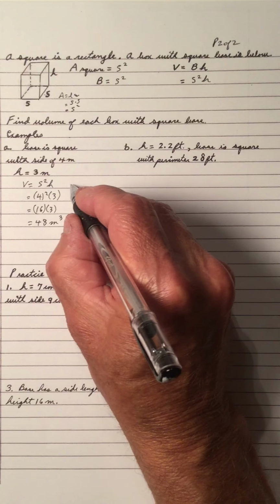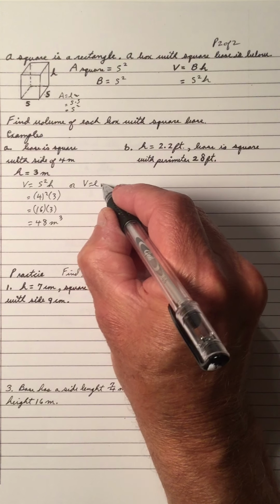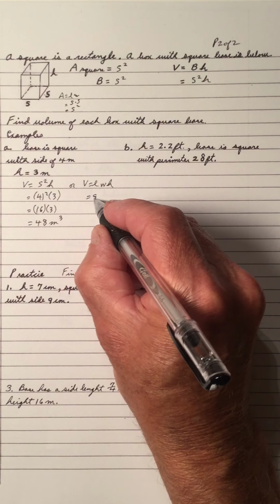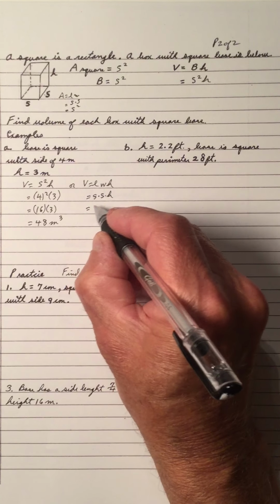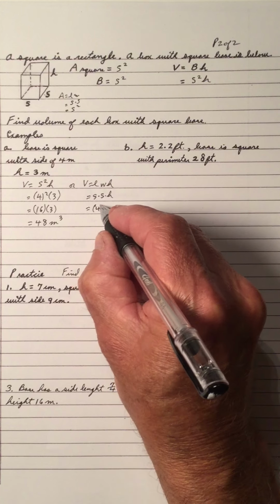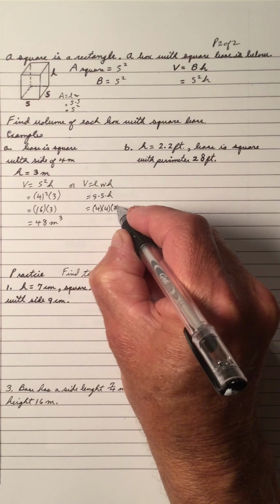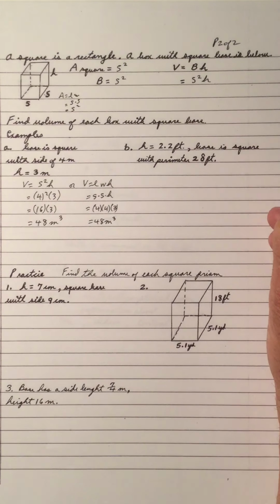You could also do length times width times height, a 4 and a 4 and a 3, so you still get 48 meters cubed.